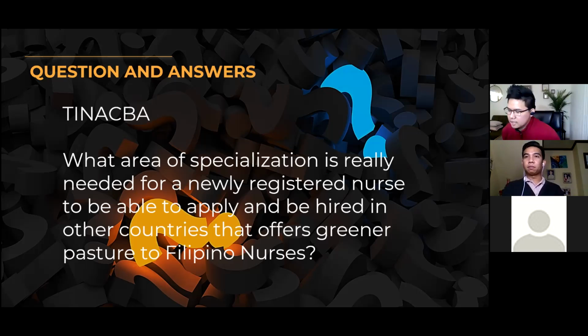I believe the area of specialization is having ICU experience, and having this kind of specialization, you have more chances to be hired in first world countries like Germany or the UK. Although med-surg nurses are also in demand here in the US and in the UK, and also in Japan, I believe.